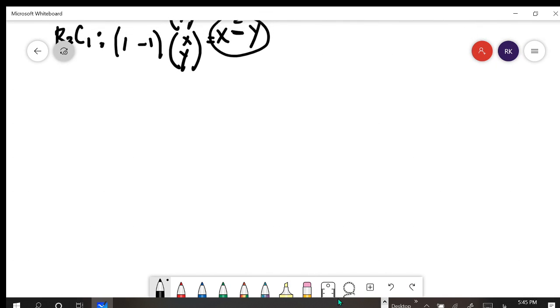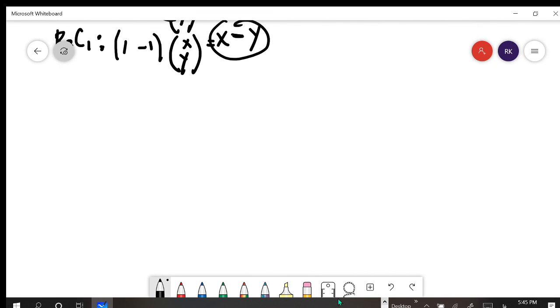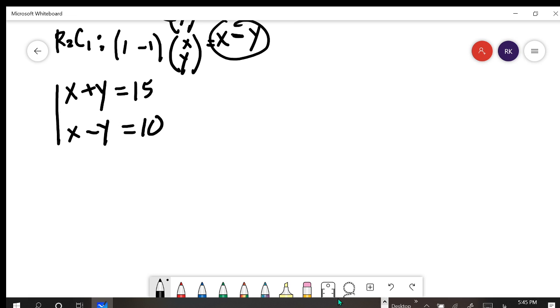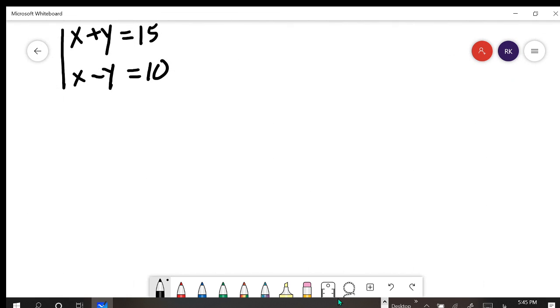Well, the way we do it is like this. Suppose we have the same system: x plus y equals 15 and x minus y equals 10. So how do we solve this using matrices? Well, first we write it as a matrix equation. What do I mean by that?